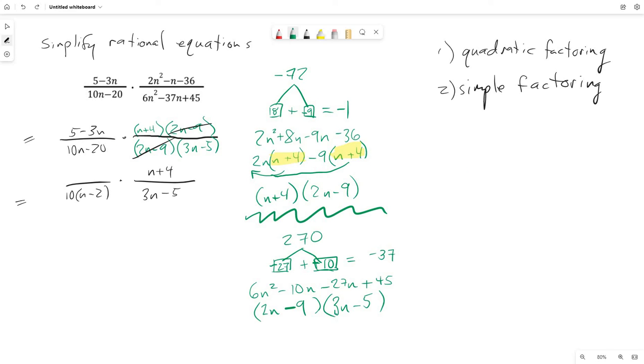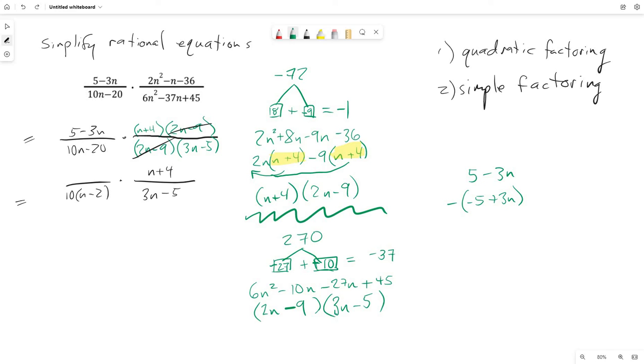So if I have 5 minus 3n and I pull out a negative, that would be making each of these terms the opposite in sign of what it currently is. 5 will become negative 5, and this will be a positive 3n. But that means I could rewrite this, right?